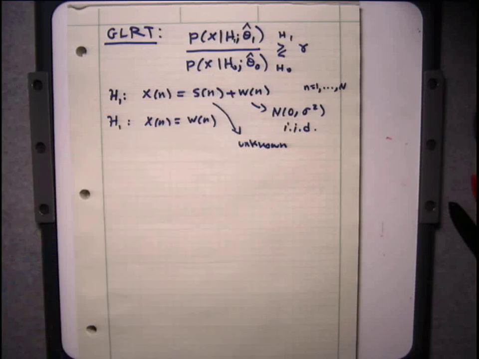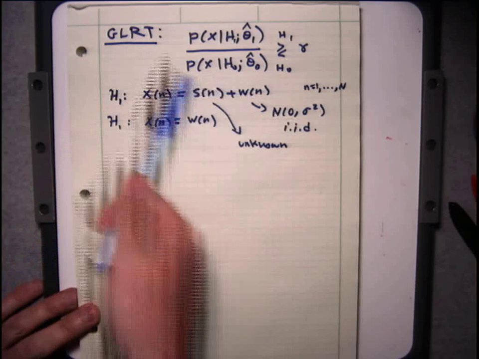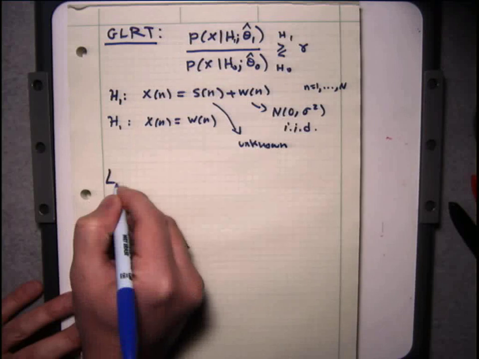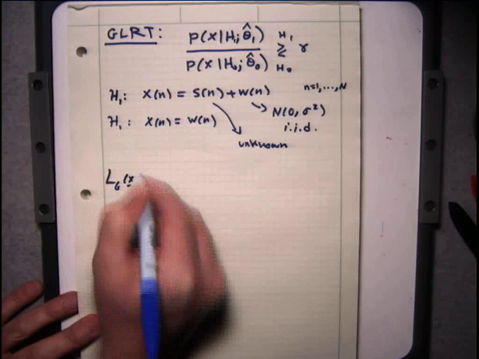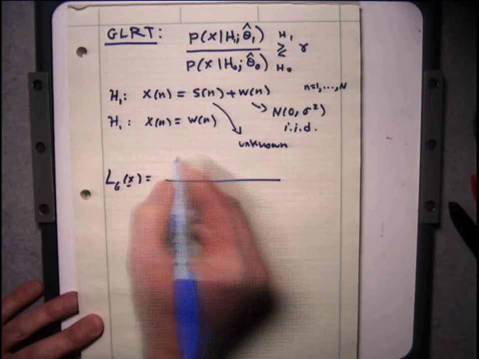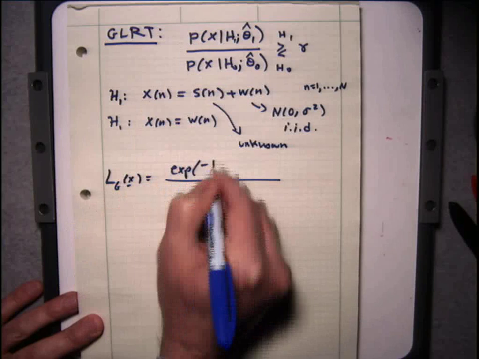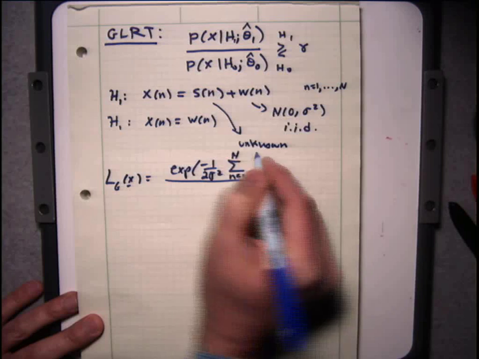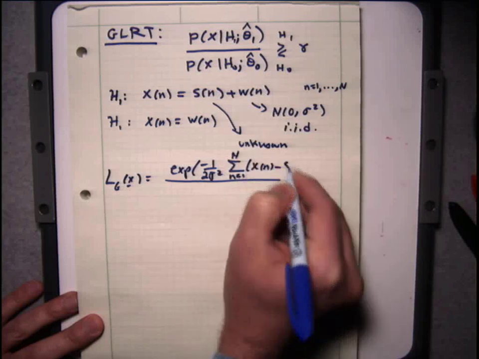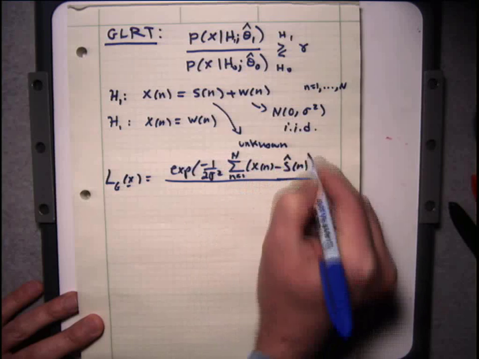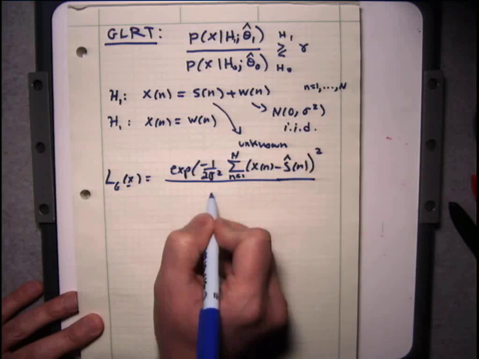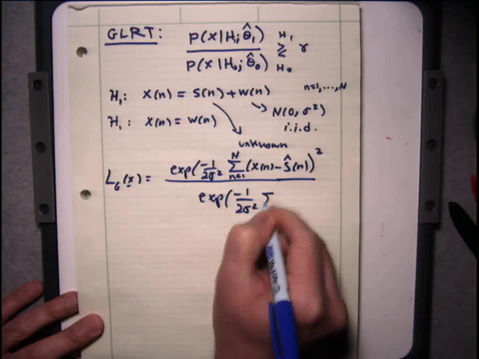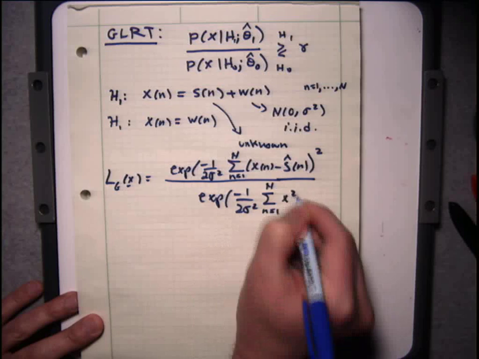So how do we carry out the generalized likelihood ratio test to do this? Let me write down this likelihood function, the generalized likelihood function, as a function of the data x that we have. This is going to be the ratio of two exponentials: exponential of minus 1 over 2 sigma squared, sum n equals 1 to capital N of (x of n minus s hat of n) squared, and the denominator would be exponential of minus 1 over 2 sigma squared, sum n equals 1 to N of x squared of n.